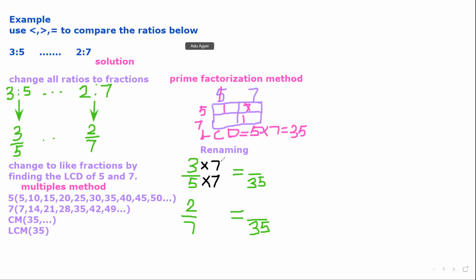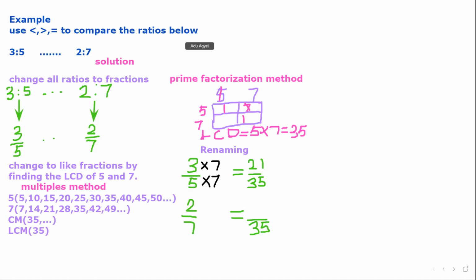And therefore 3 times 7 here will give you what? 21, okay? Good. So this time 3 over 5 is now renamed to 21 out of 35. It is equivalent to 3 over 5, okay? Good. It's the same as that.